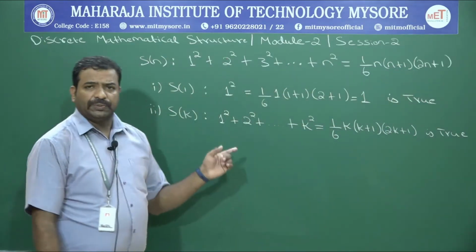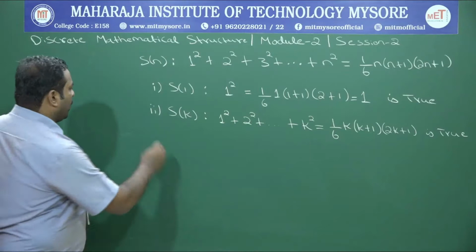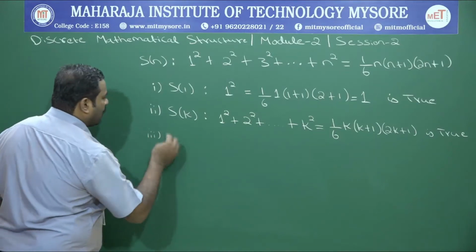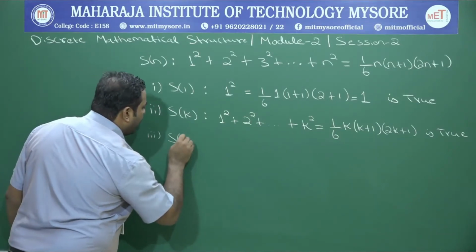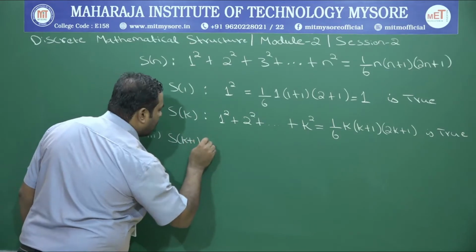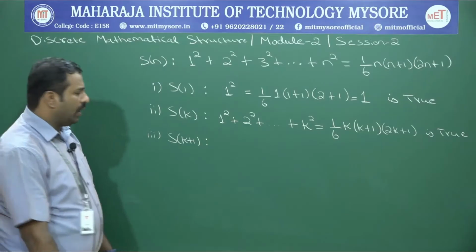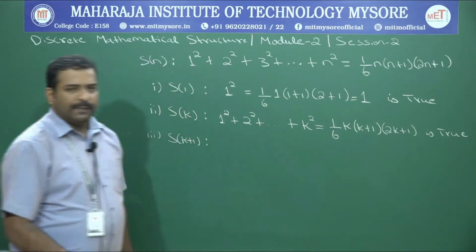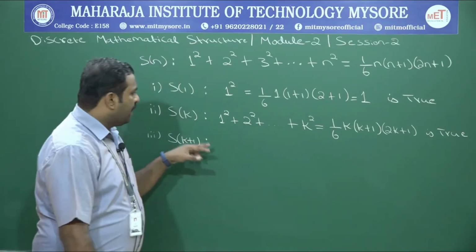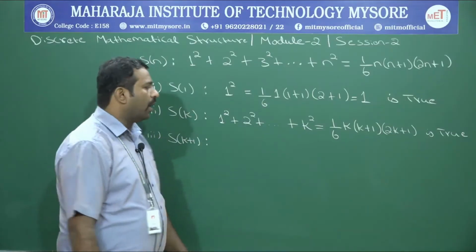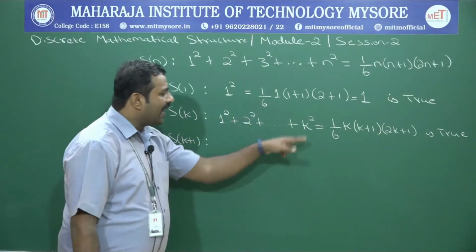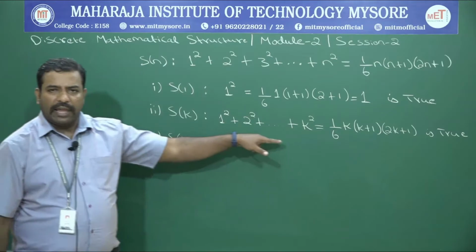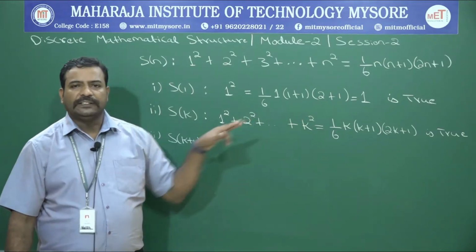So with the assumption, in the third step, I need to check for S of k plus 1. For S of k plus 1, this statement should be replaced with k plus 1, or I need to add k plus 1 whole square at both the sides.